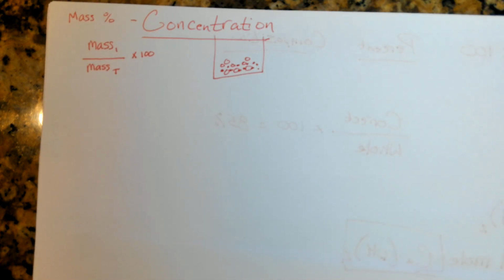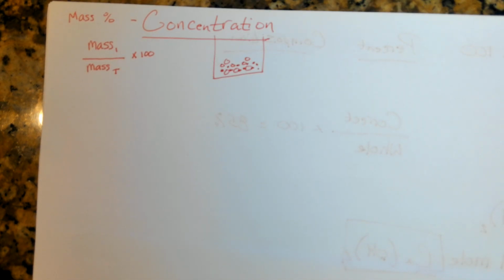Now, if you think of something like acids, right? And you may have heard in some kind of TV show or movie or just around the house, oh, that's very concentrated. Well, what do we mean by that? Colloquially, what we mean by that is there's a high amount of that particular substance in the total amount of substance.